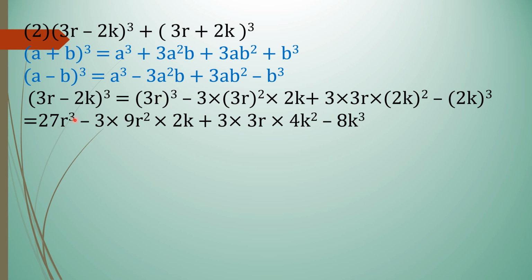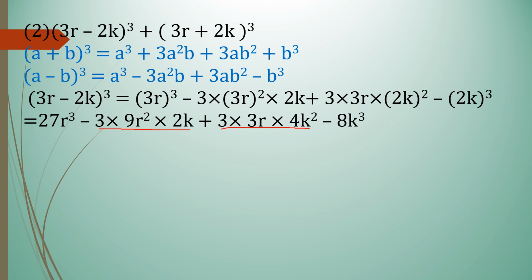So 27r cube minus 3 into 9r square into 2k plus 3 into 3r into 4k square, since 2k the whole square will become 4k square, minus, now 2k the whole cube will become, student, 8k cube. Now further we'll multiply these terms over here. So we'll multiply 3 into 9r square into 2k, and we'll solve for this also, 3 into 3r into 4k square.